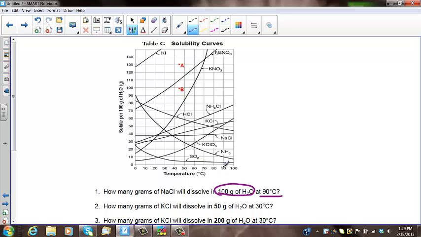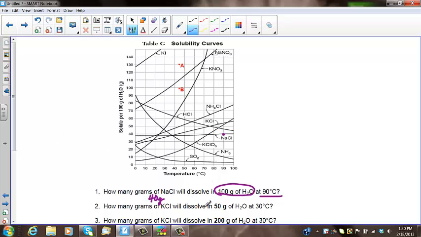So I'm going to go to 90 degrees, see where it intersects NaCl, and put a dot. So that's 90 degrees NaCl, and when I read across, that is 40 grams. I follow that all the way across, and it's on the 40 gram mark.